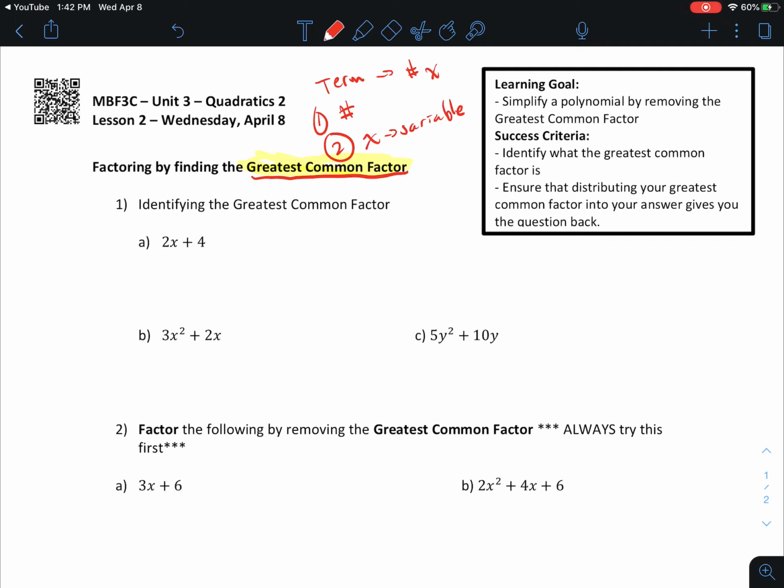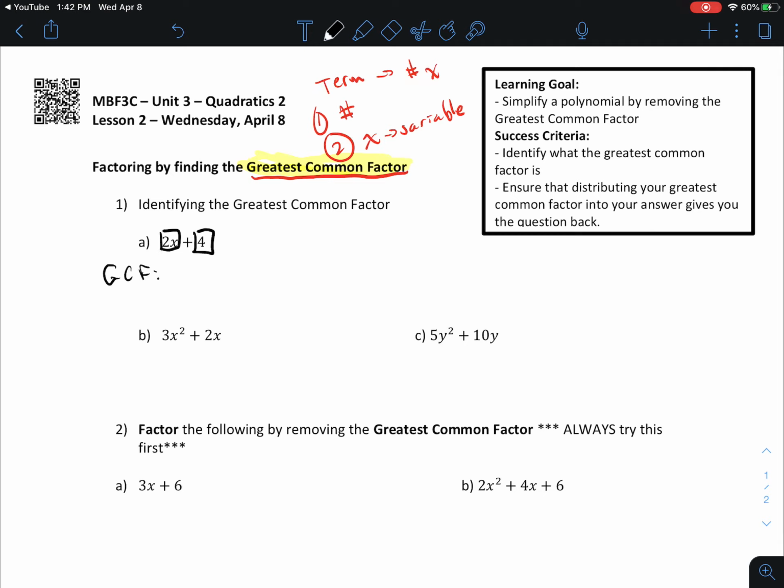So in A, I see numbers and I also see some variables too, but the whole deal with the greatest common factor, the GCF, we'll call it GCF from now on, is what's the biggest thing that appears in both terms.